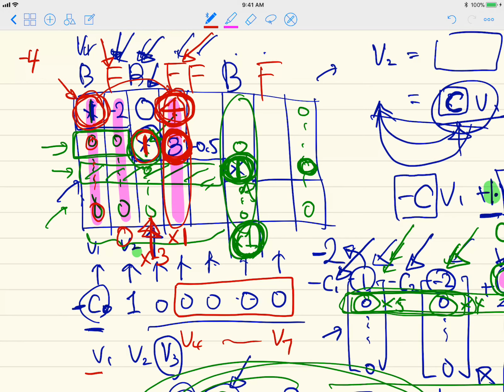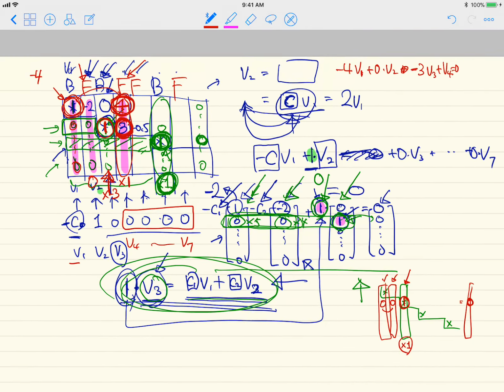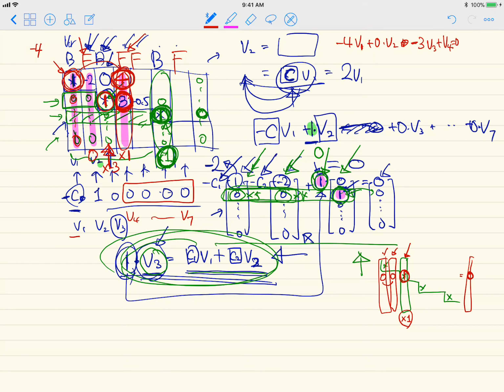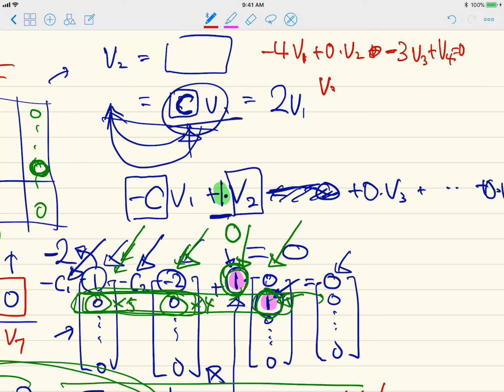Okay, so with 0 here, we obtain -4 times v1, plus 0 times v2, plus -3 times v3, plus v4 equals 0, right? So that was coming from our effort to try to represent this v4 as 4v1 plus 3v3, right?